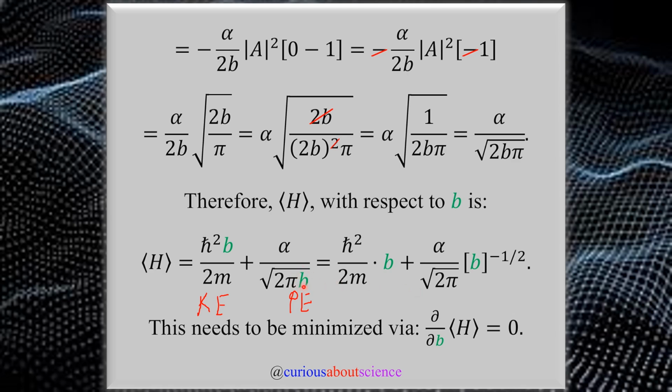So b was in a square root here, so that would be put to a negative 1/2 power here. The reason we want to put it into this algebraically friendly manner is because we need to optimize this function by minimizing over the variational parameter, i.e. take the derivative of the Hamiltonian with respect to b and set it equal to 0. That's going to be much easier to do in an algebraically friendly form. So let's calculate this derivative.